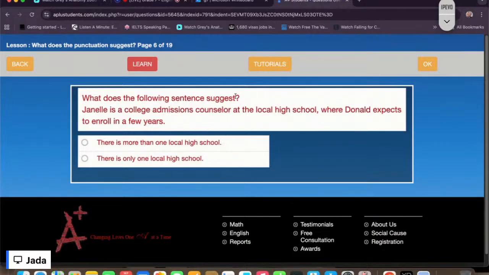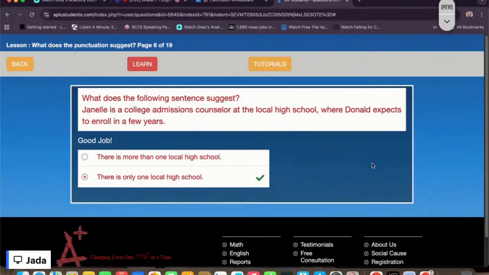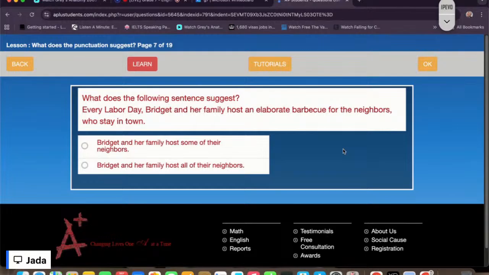Okay, so what do we have here? The second one. Every Labor Day, Bridget and her family host an elaborate barbecue for the neighbors who stay in town. First or second?